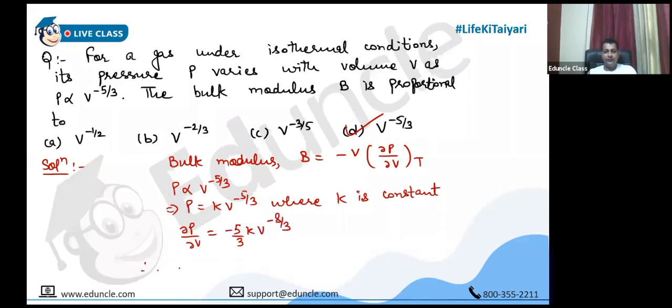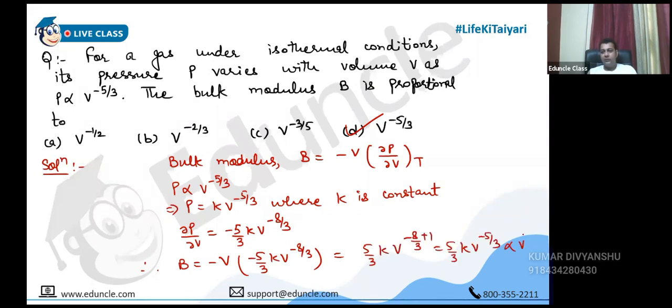So therefore, it is proportional to V power minus 8 by 3. That's it. You can check. Clear?